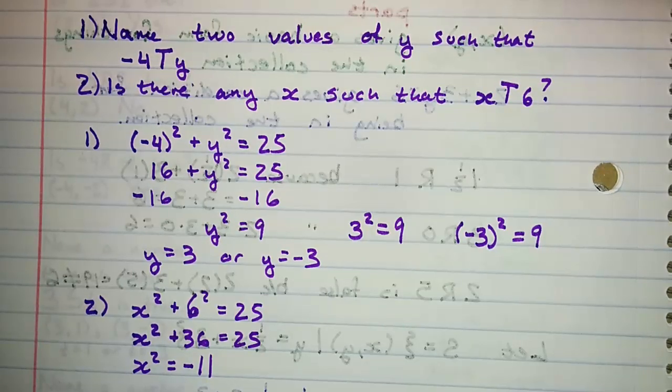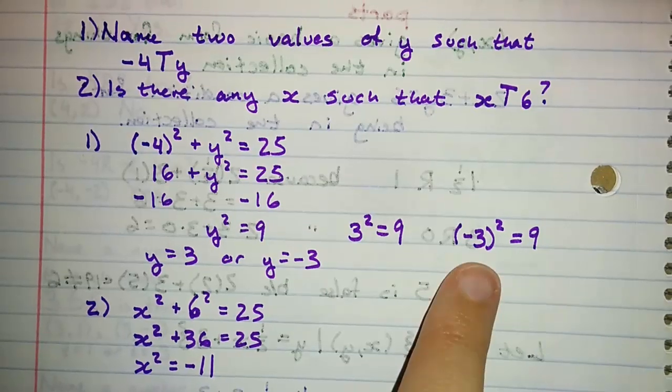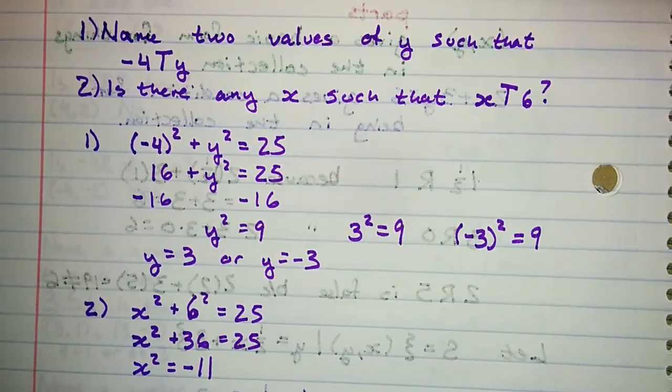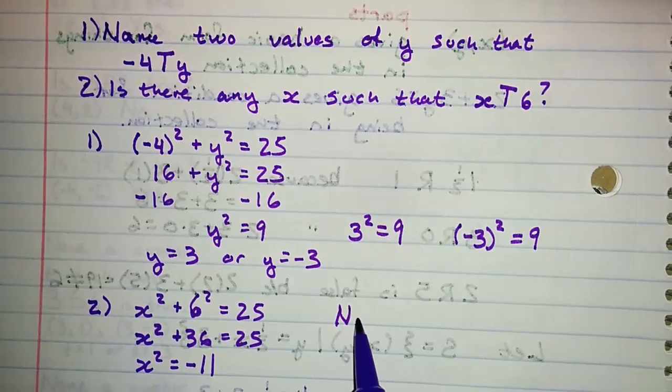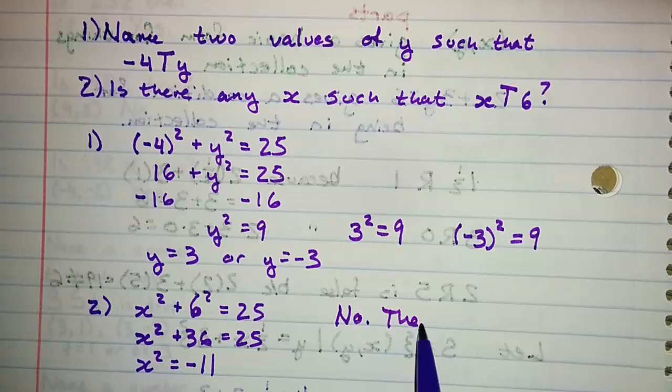Yeah, we get a positive number. How about if we square a negative number? Still positive, right? Like negative 3 times negative 3 is positive 9. 0 is the only thing that's left, and that squared is just 0. There isn't anything we can square and get negative 11. So no, there is no such x.